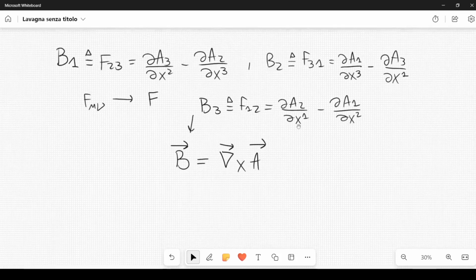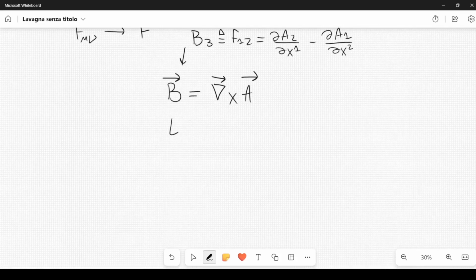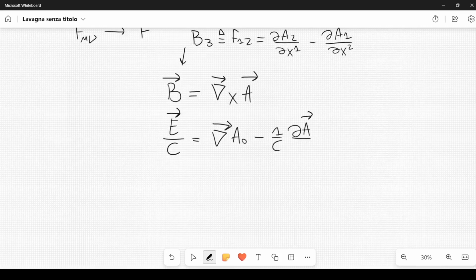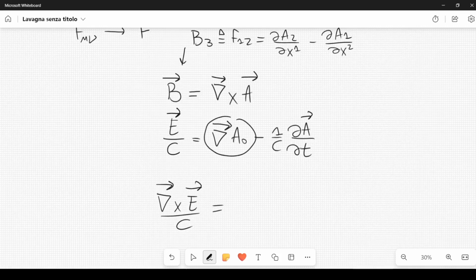We have also found last time that the electric field divided by the speed of light can also be written as the gradient of A_0 minus 1 over c, the speed of light, derivative of the vector A with respect to time. Now, if we take the curl of this second expression, we see that the curl of E divided by the speed of light is equal to the curl of this gradient, but the curl of a gradient is equal to 0.